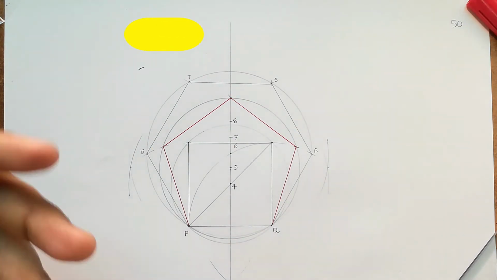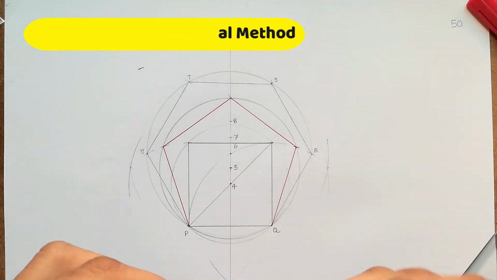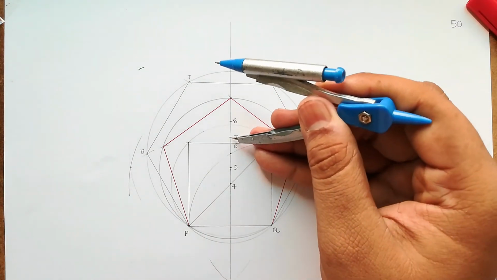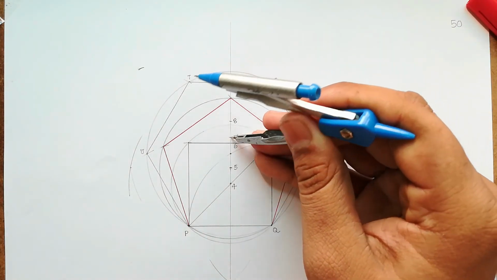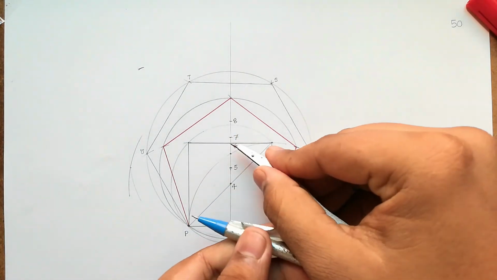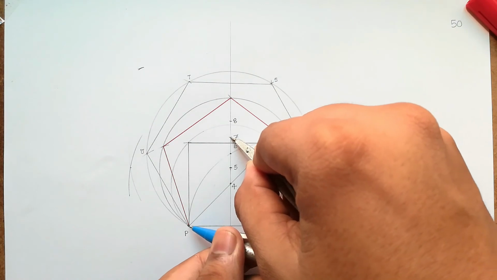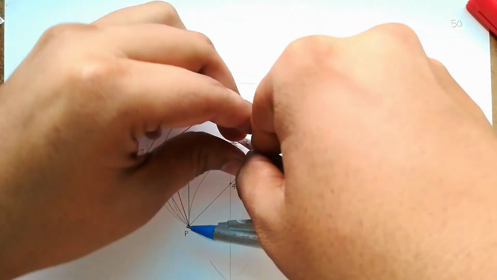So let us try to draw the heptagon first. For that, I will take the center of the circle at the point 7. I will take the distance equal to 7 to P, and I will draw a circle.